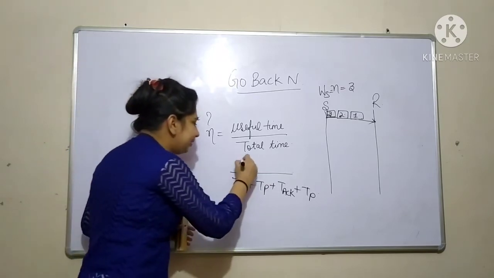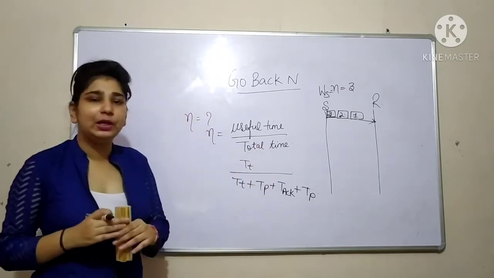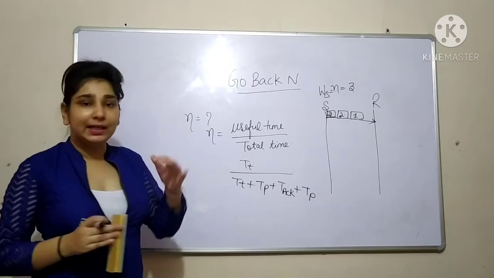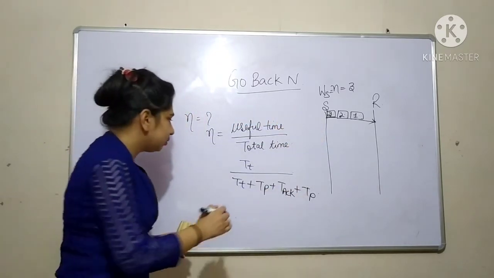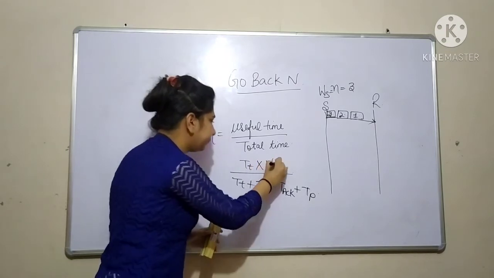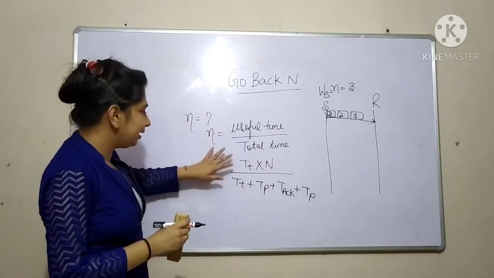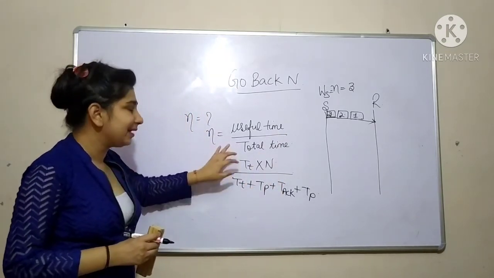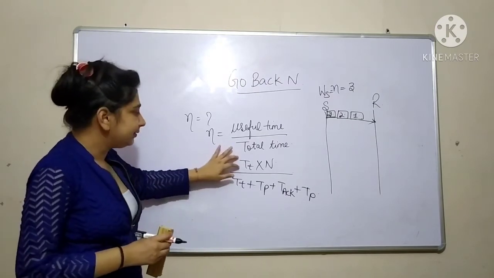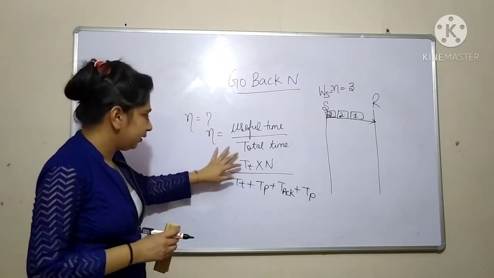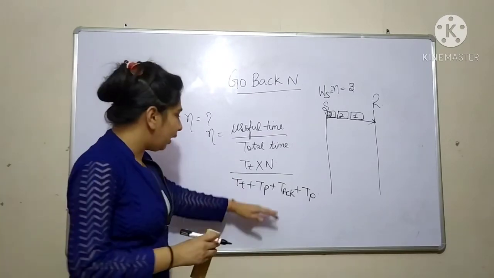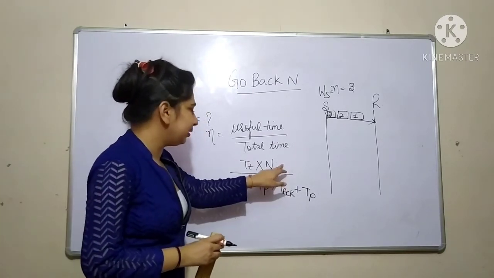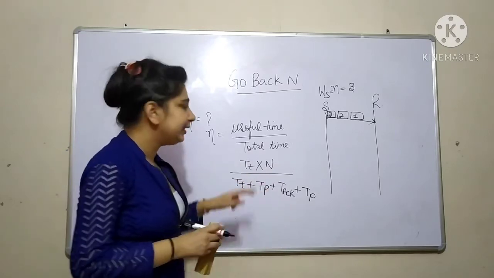The transmission time is the time of sending only one packet, but in Go-Back-N we are sending n packets. So TT into n. This is the best utilization of the time of the sender. So out of the total time, you are utilizing n into TT.